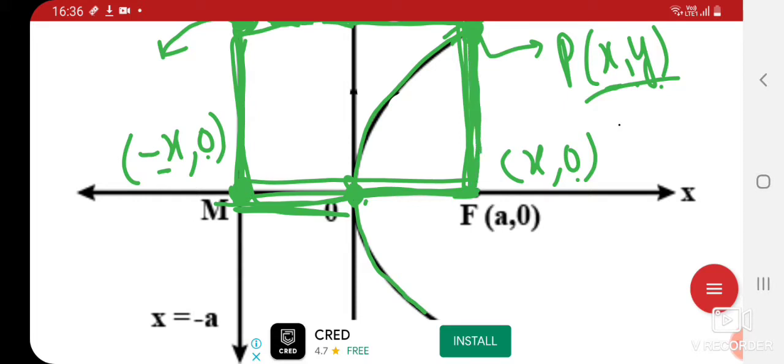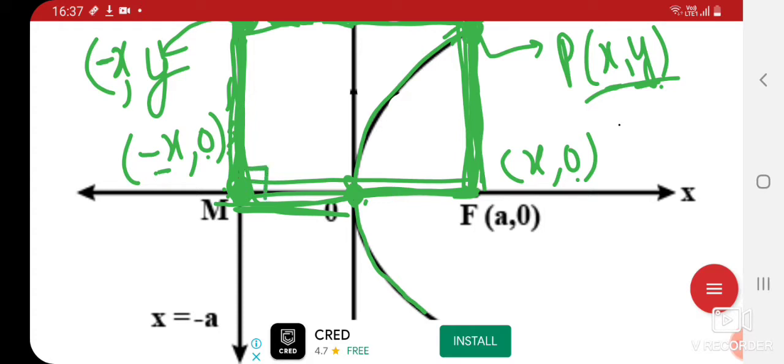That means the distance from here to here is y, so the distance from here to here will also be y. So what will this point be? As you know that this is minus x, when you exceed this line it will be again minus x. Have you understood why I have taken the minus x here?